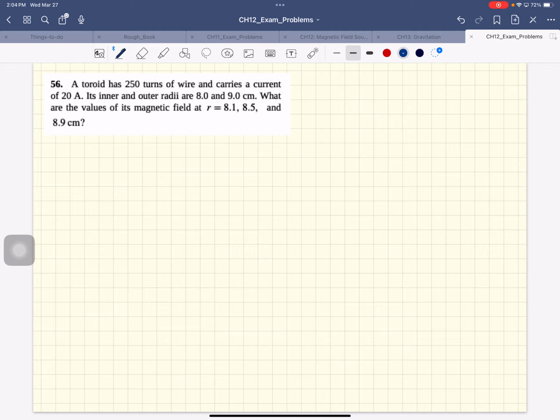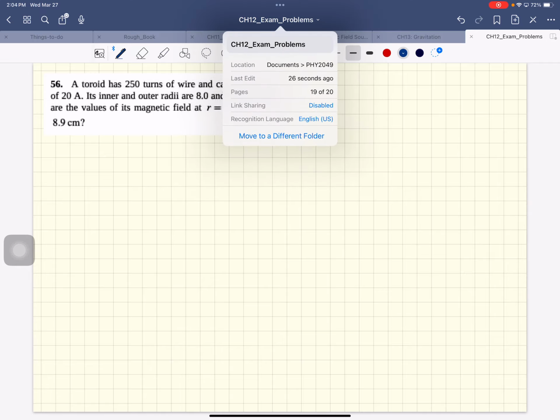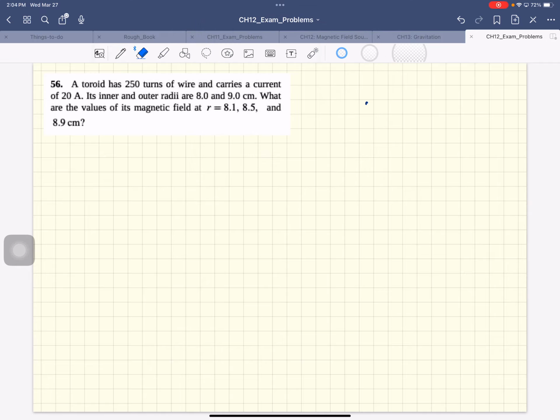All right, I'll quickly do this problem because it's an Ampere's law problem. Here's what Ampere's law states. The line integral around a closed loop is equal to mu naught times the total current threading through that.